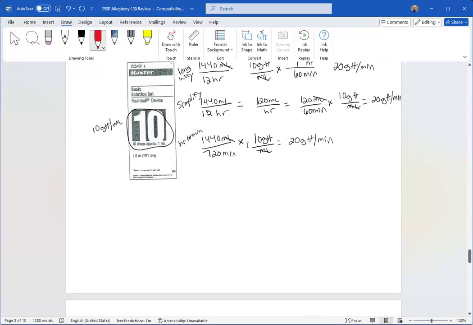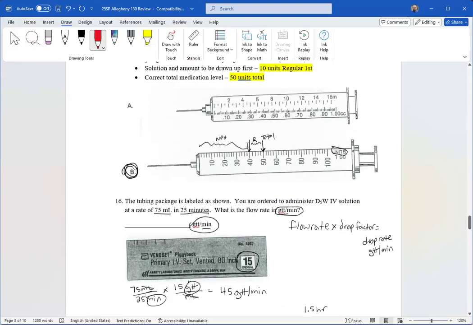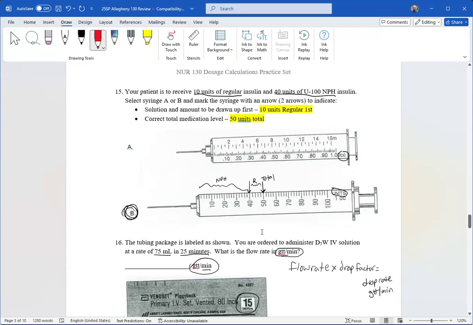Were you talking about the syringe question? Yeah, I was just curious about the answer, because the key doesn't show the syringe, it just has a word answer. Oh, they probably just want you to tell them what the total is. What does the question ask?